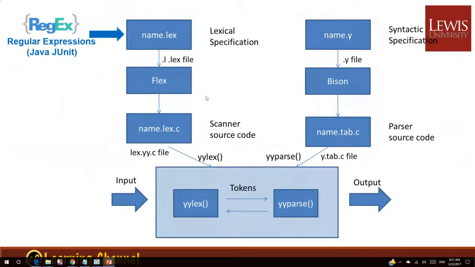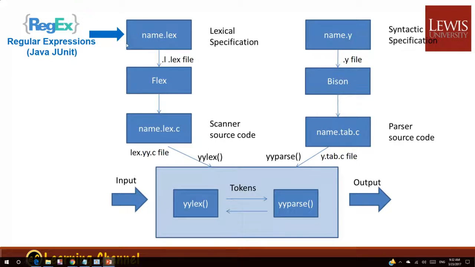For the grammar rule, if we look at the pattern for the tokens, you can use the regular expression to define it, and then you write it down into a .lex file, and then that .lex file will be fed into Lex or flex. Flex is one implementation of Lex, or the newer version. And then flex will generate a program called name.lex.c. Actually, it's a C file or C program.